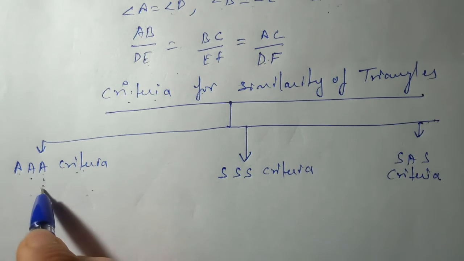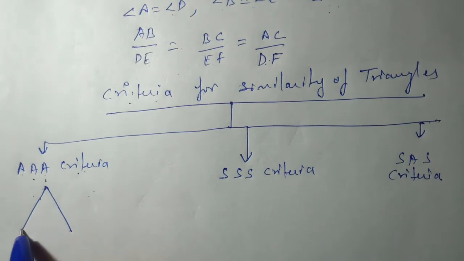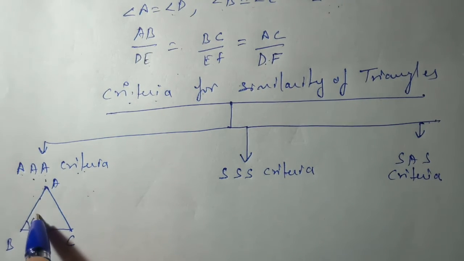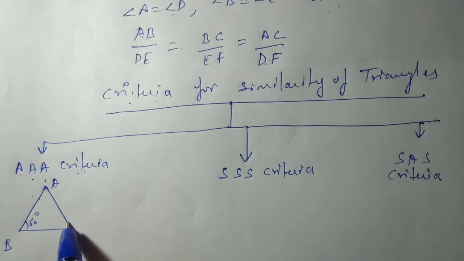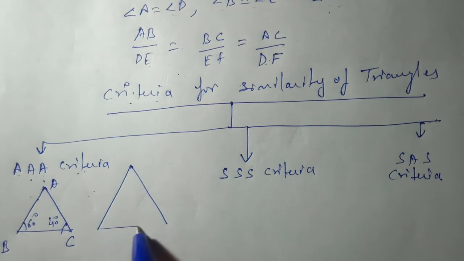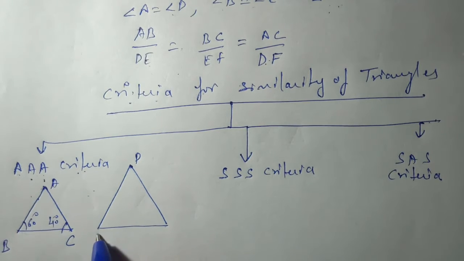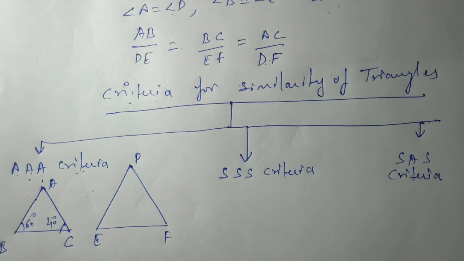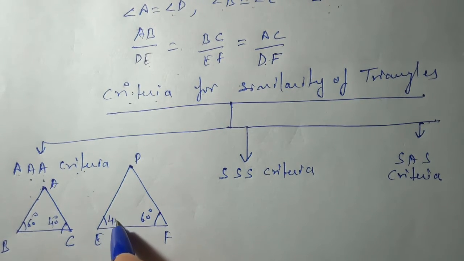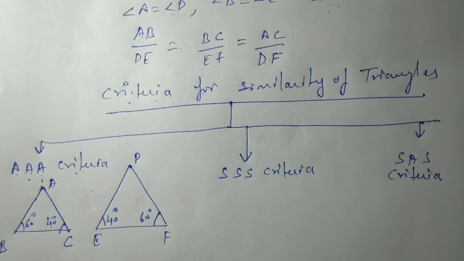If we have a triangle ABC in which one angle is 60 degree and another angle is 40 degree, and the second triangle DEF has this angle as 60 degree and this angle as 40 degree.